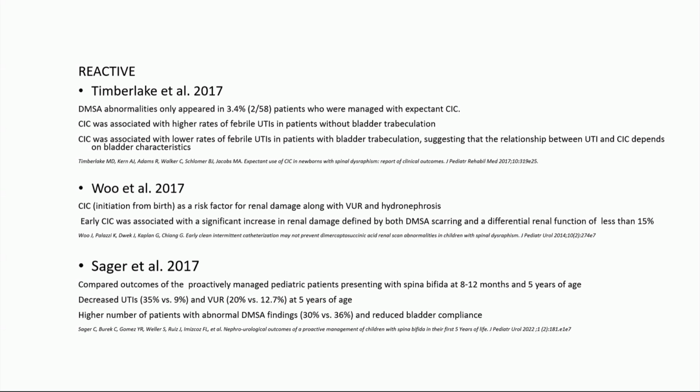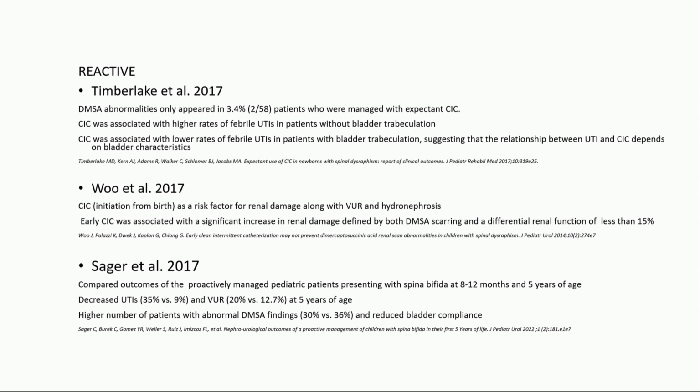But the expectant group initiate CIC only after the development of clinical, imaging or UDS abnormalities. Timberlake et al. in 2017 compared the renal outcomes in children who started CIC before 1 year to the ones who started it after 3 years. And he found that DMSA abnormalities appeared in only 3.4% of the patients who were managed expectantly.